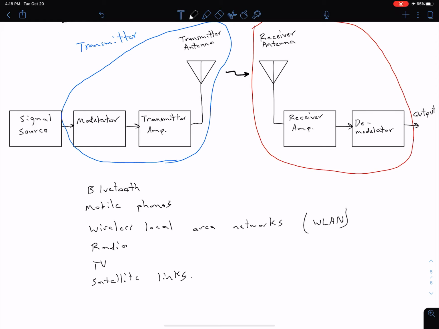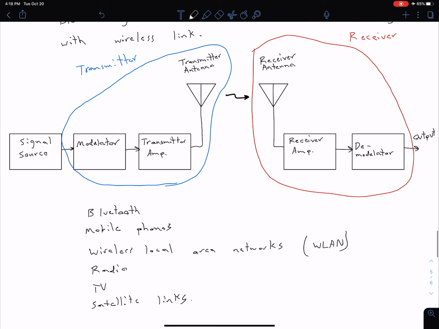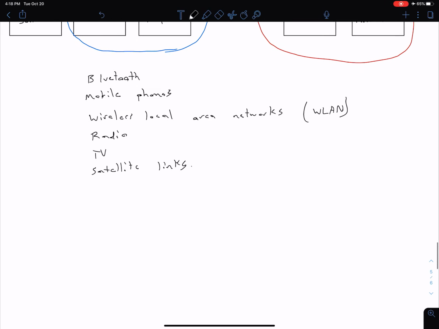A lot of different systems have this basic structure, so it's definitely worth our time looking at some of these key components. Let's talk a little bit about this input side first with our transmitter.